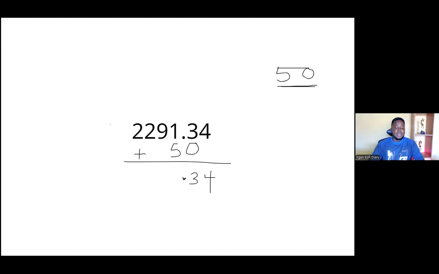And since there are no figures here, you add the rest. So the 9 will come, the 2 will come, and then the 2 will also come. So this will become your TP of 50 pips if you are buying. That's 2296.34.